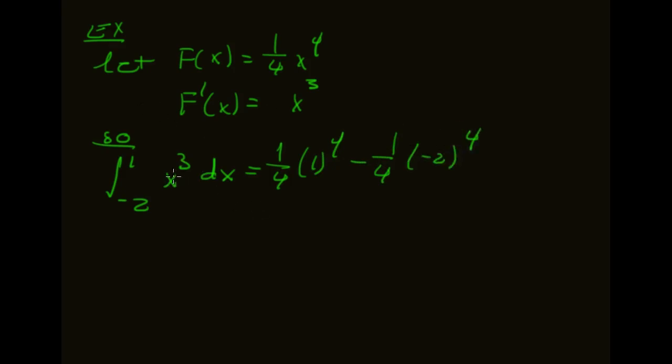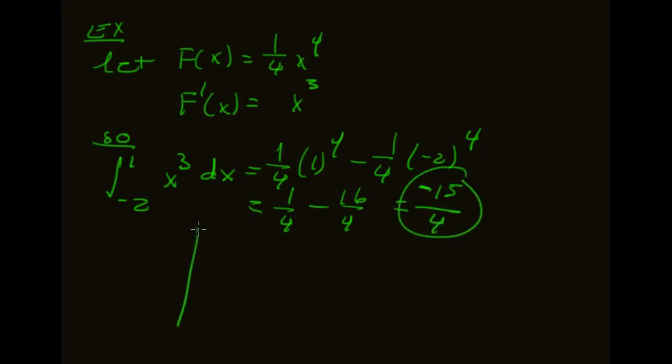Because this is my f, so I take the antiderivative and I evaluate it at the two bounds, the b minus the a. Okay, so this is just a fourth. 2 to the 4th is 16, so this is going to be minus 16 over 4, which means the area underneath that curve is negative 15 over 4.